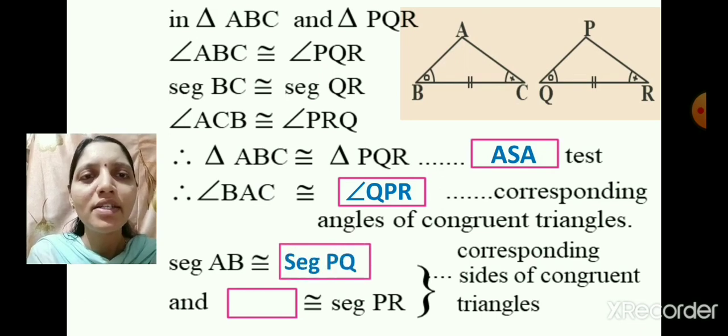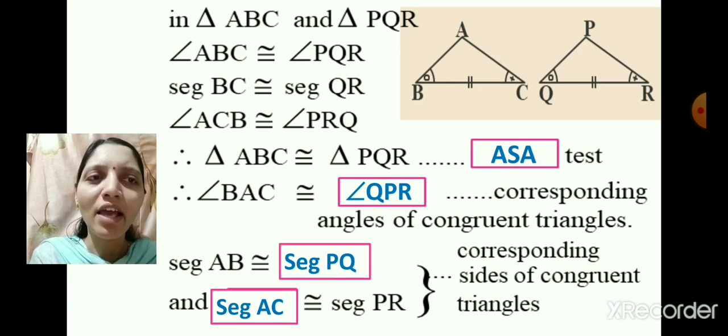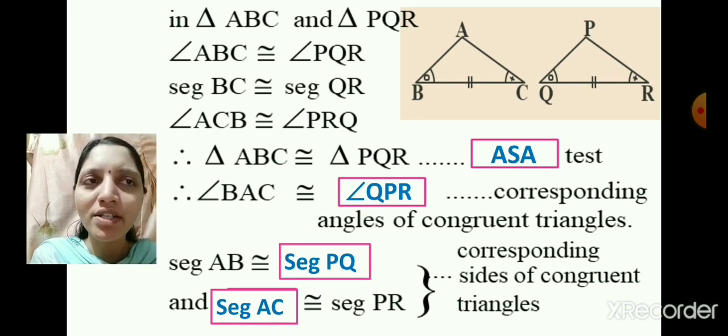Therefore, segment AB is congruent to segment PQ and segment AC is congruent to segment PR. The reason is the same as the above one, that is corresponding sides of congruent triangles. I hope you all have understood this. This one was a very simple one. You only have to fill in the blanks.